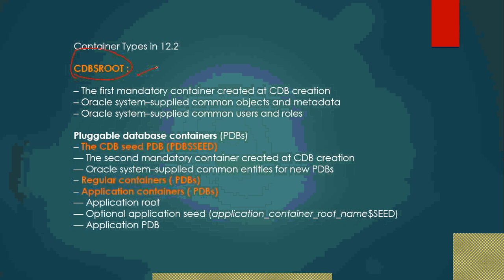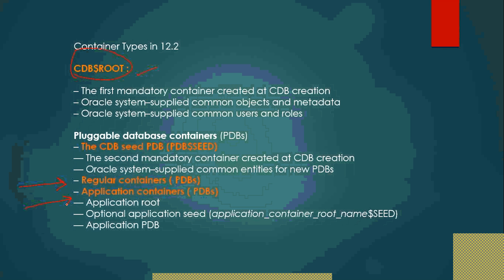Now, pluggable databases can be of two natures. They can be regular PDBs, which we had in 12.1, or they can be application PDBs, which are there in 12.2. So it is your choice which way you would like to go.